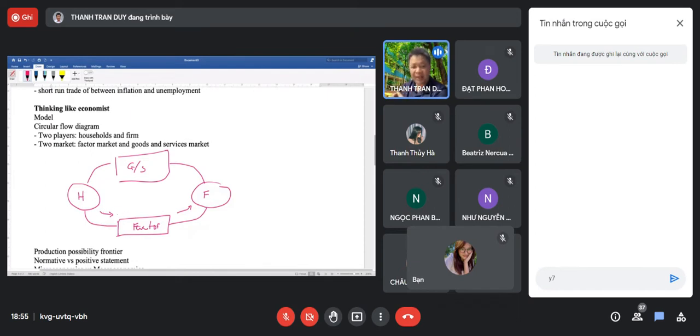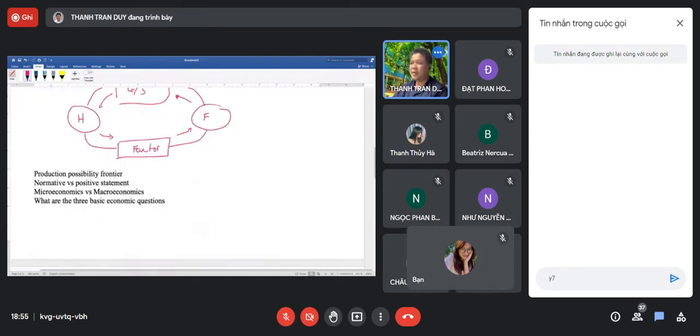What do they sell and buy here? They sell land, labor, capital, right? And the firm will supply goods and services and household buy it. So that's a simple diagram. Just remember who are suppliers and who are buyers in the goods and services market and factor market. Okay, that's the circular flow diagram.